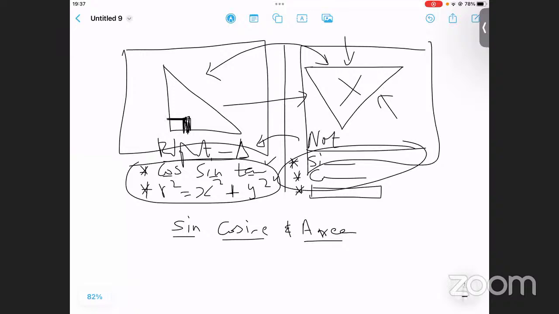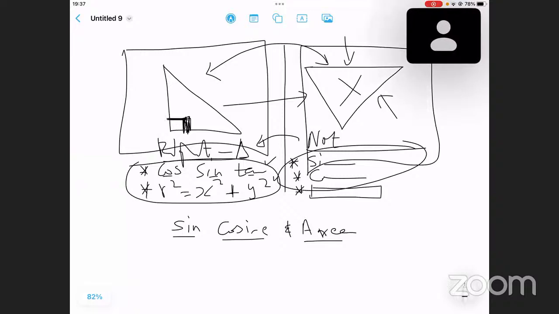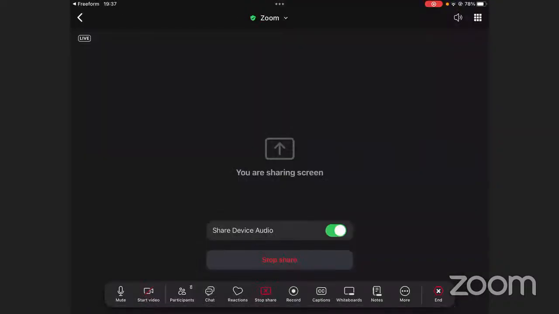I'm just assuming that almost all of you are aware of the sine, the cosine, and the area rule. And if you guys will confirm that to be the case, then we'll very quickly look for a question that we can discuss. But let's see. Guys, did you understand what I was explaining there?